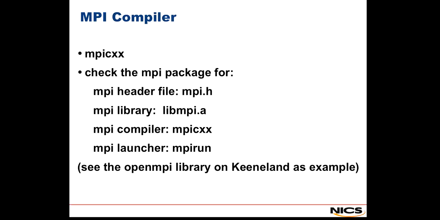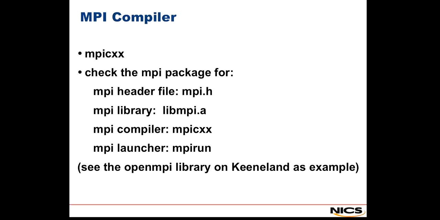The name may be slightly different, but by common sense, usually you can find them at the same or a similar place. And then, of course, the executable for the compiler itself, which is usually called mpicxx.